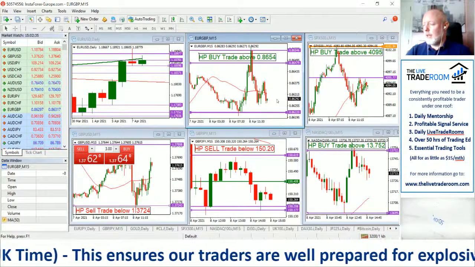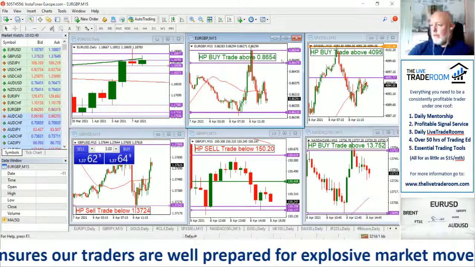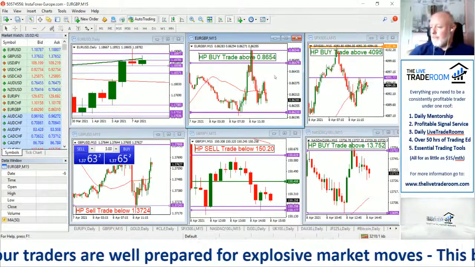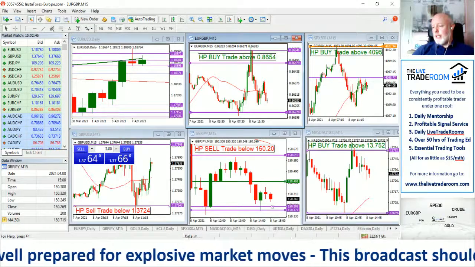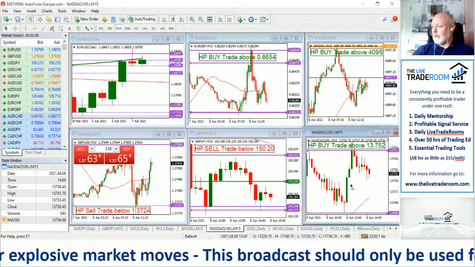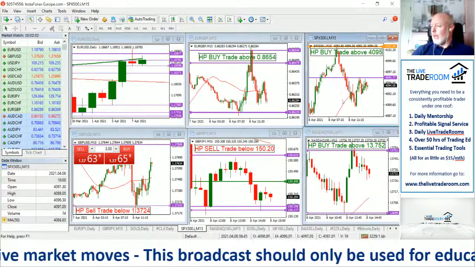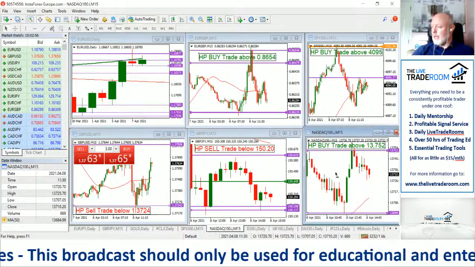We're currently 25 pips lower, so we need a bit of the next leg to the upside, and the pound yen trade to the downside is a viable sell trade as well. So we'll keep a close eye on the S&P and the Nasdaq.